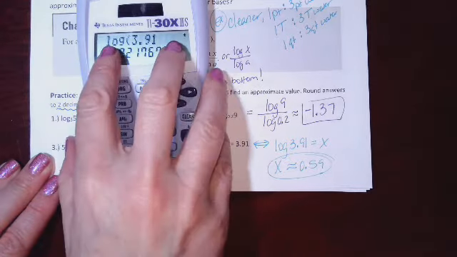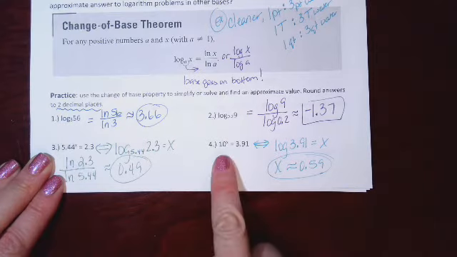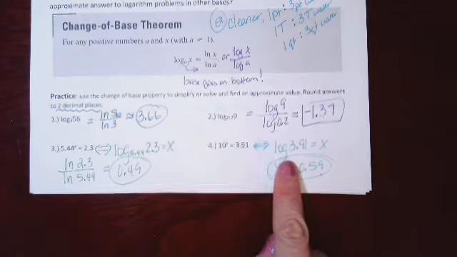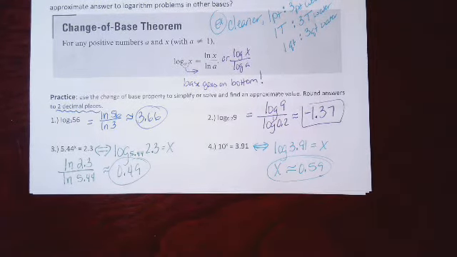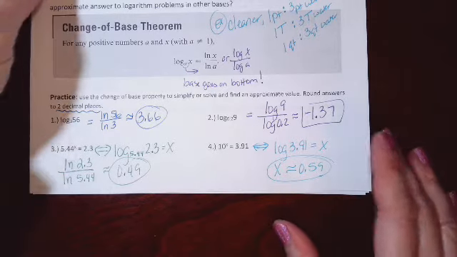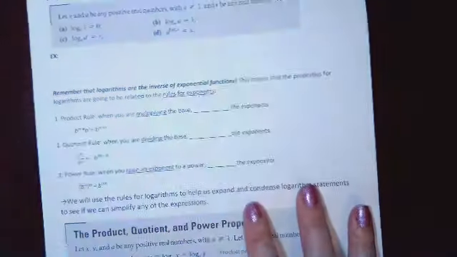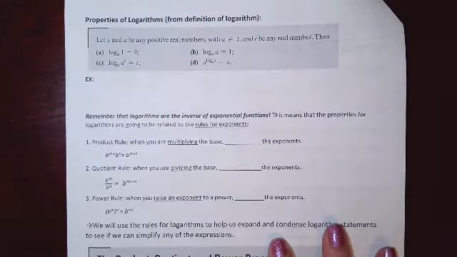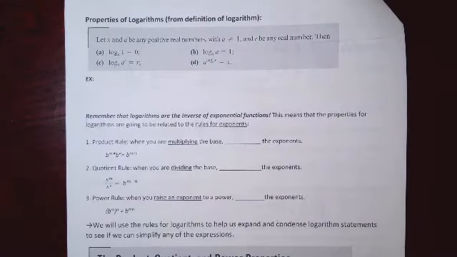How did I know I could just use my common log button? Base 10. And when I wrote it, I didn't write the 10 as a base because it's understood. Just like when I do a radical, a square root, my index is understood to be a 2 unless I write a different index. Now there are some general properties of logarithms that come from that definition of logarithm that if you can remember, it's going to make your life a lot easier.